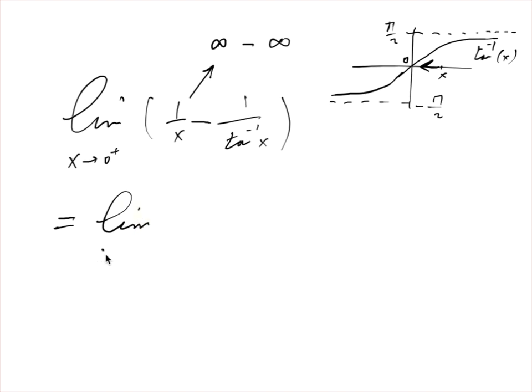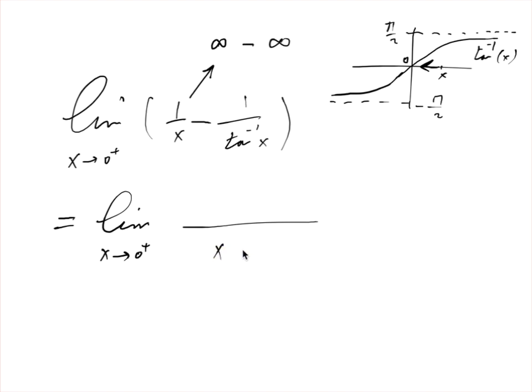So we try to reduce it to 0 over 0 or infinity over infinity by doing a little bit of algebra. And then once you do that, we use L'Hopital's rule, because L'Hopital's rule only applies directly to 0 over 0 or infinity over infinity indeterminate form.